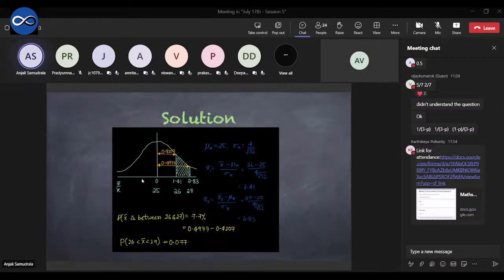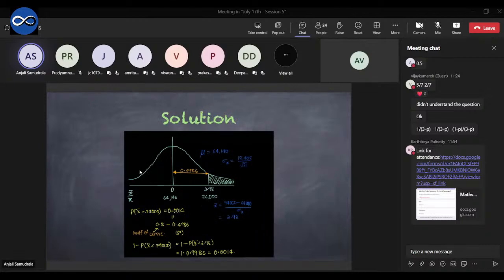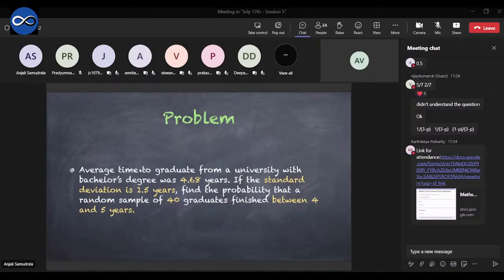So you can subtract that from 0.5 and you'll get the same value. This is also a similar model. You can try it out for 5 minutes.